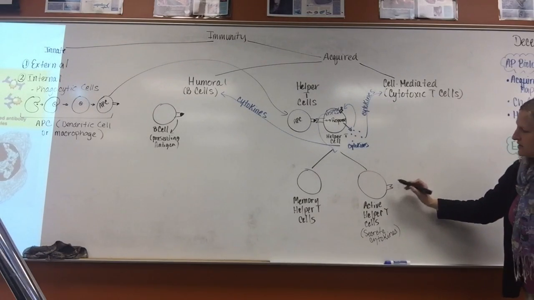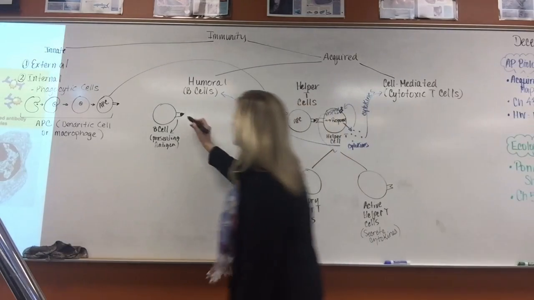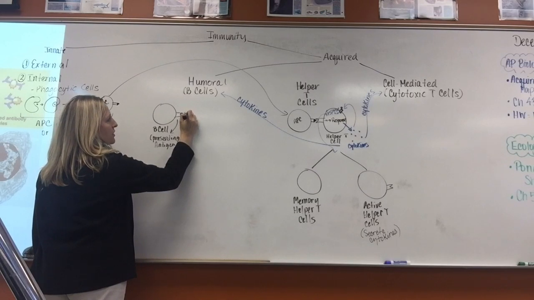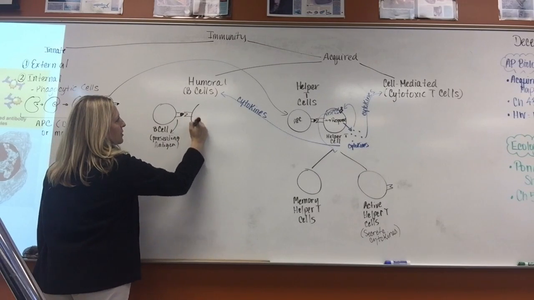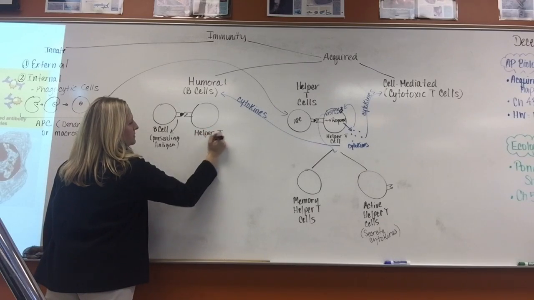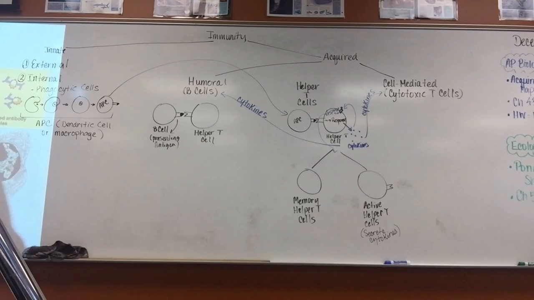So that looks like this. Notice that this activated helper T cell has a receptor that will fit into the antigen here. So let's go ahead and draw that here. So here's your helper T cell. They can fit together perfectly.